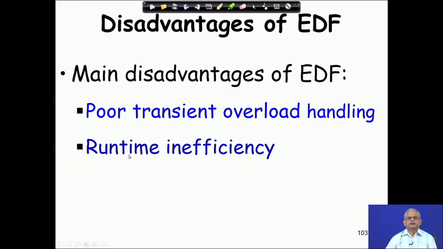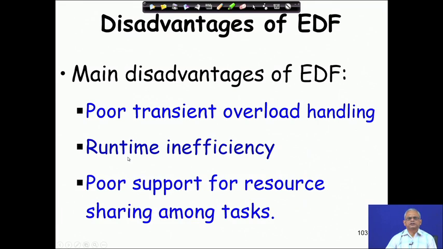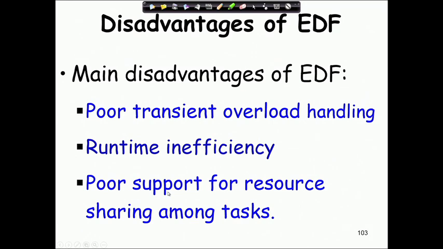Second is runtime inefficiency, but the third one is possibly the most glaring shortcoming. This may be the reason why non-trivial applications do not use EDF. It goes by the name poor support for resource sharing among tasks. In a realistic application, the tasks do share resources.